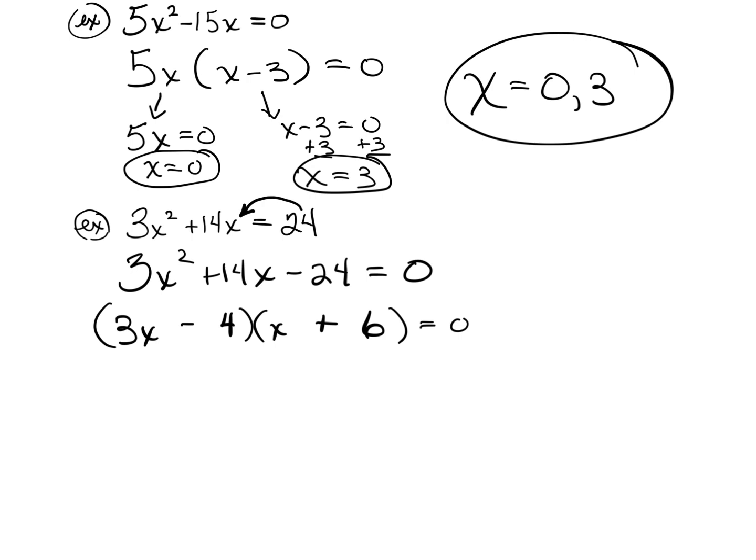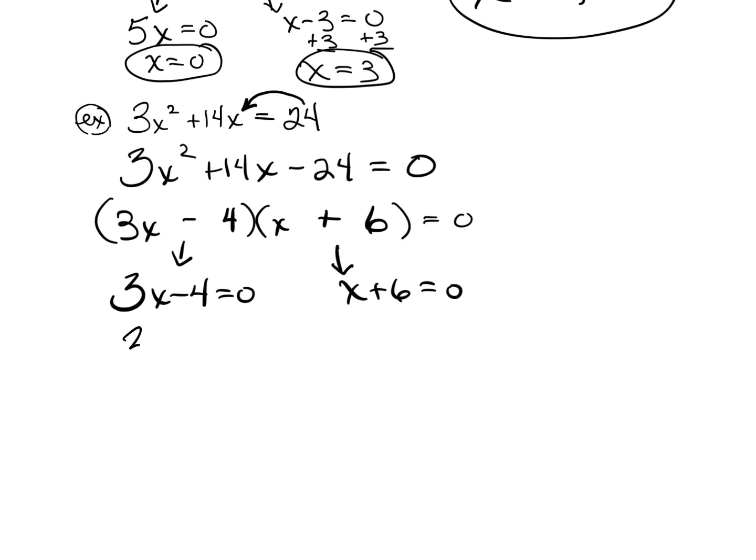So once we have this, we just take each factor, set it equal to 0, and solve. We get two possible answers. We have 3x, we're going to add 4 to the other side, right? And then we can divide by 3. x equals 4/3.